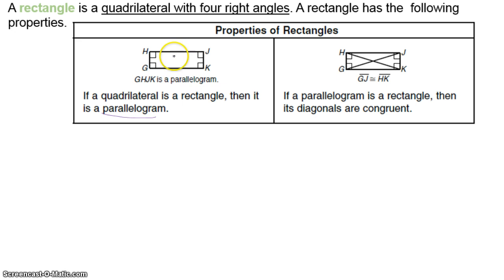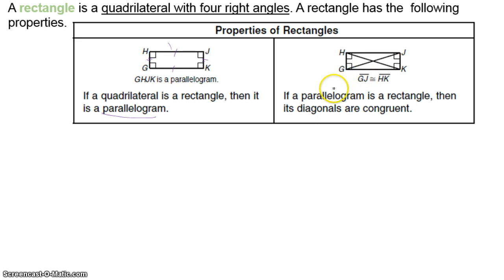The opposite sides are congruent to each other. They're parallel. Opposite sides are parallel. The opposite angles are congruent. Well, of course, they're all 90. And their consecutive angles are supplementary. 90 plus 90 is 180. And the diagonals do bisect each other, because that's a property of the parallelogram.